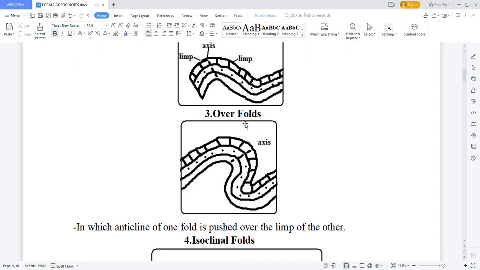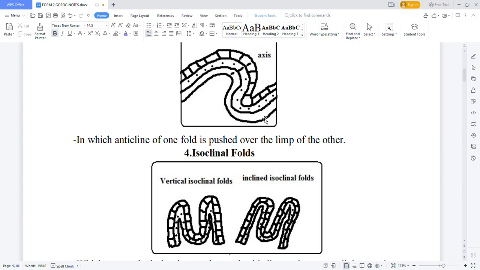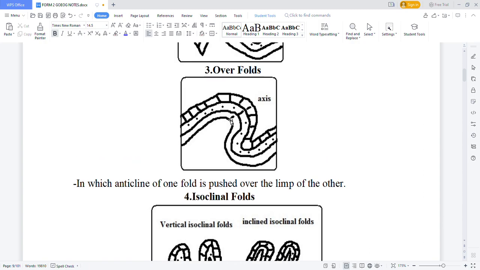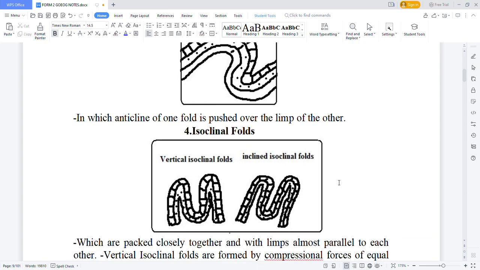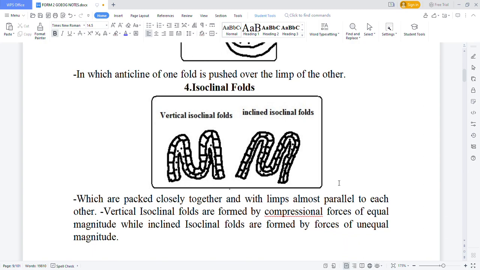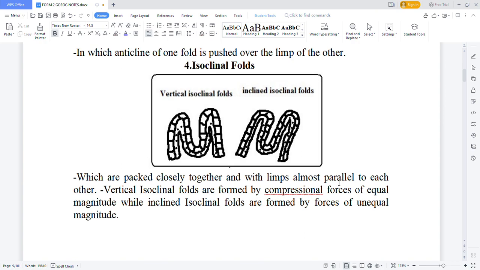Then you have overfolds. So this is one. In overfolds, the anticline of the fold is pushed over the limb of the other. We have isoclinal folds, which are packed closely together with the limbs almost parallel to each other.